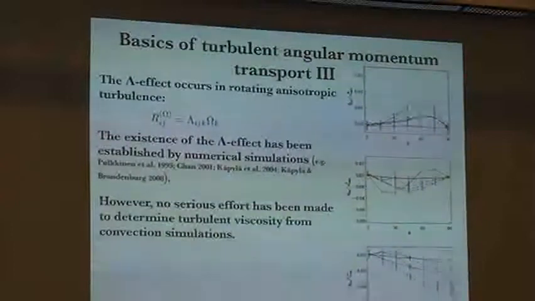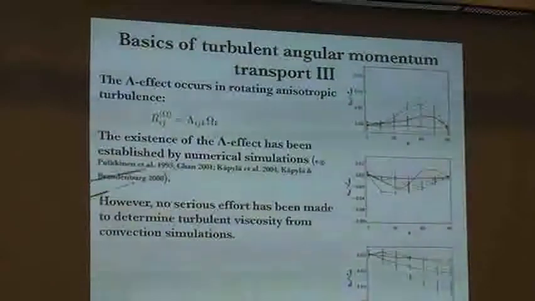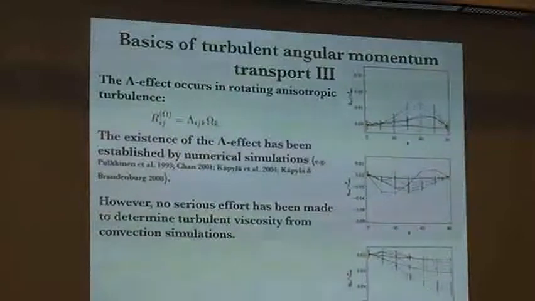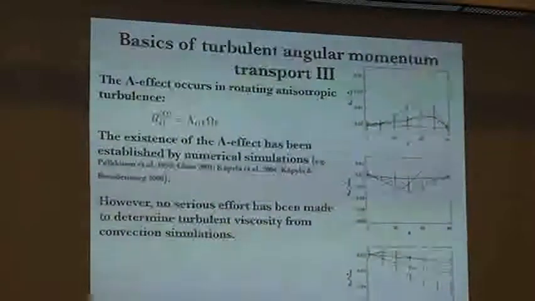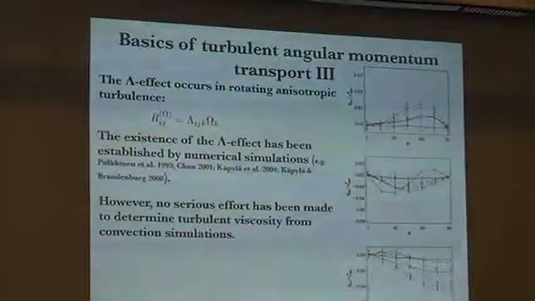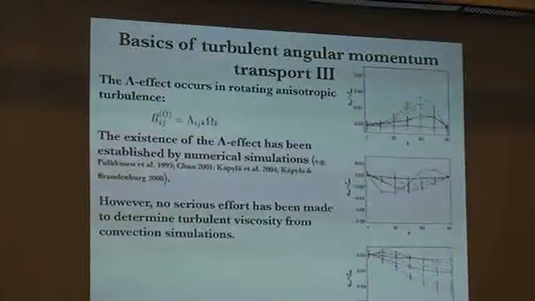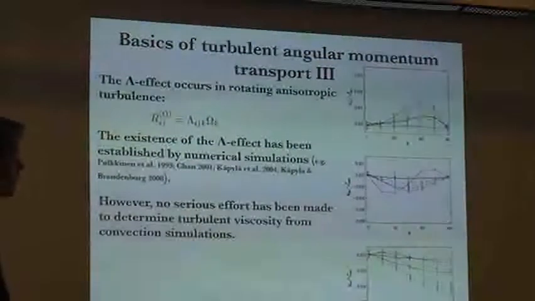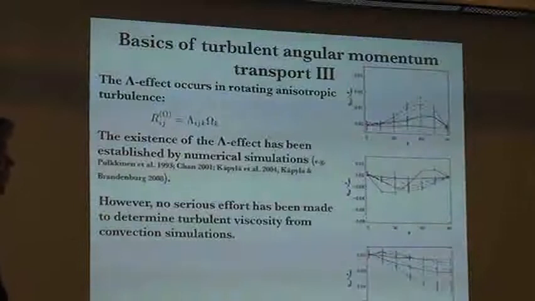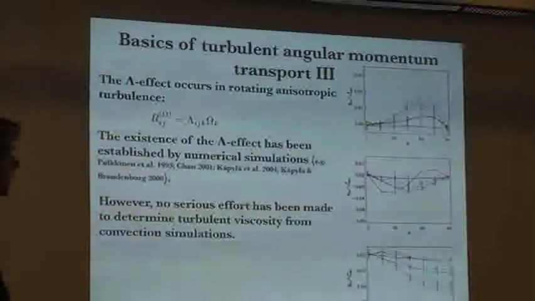And then this last paper here we did with Axel, we had just homogeneous but anisotropic turbulence. And we added rotation to that, and then there shouldn't be any contribution from turbulent viscosity in that case. And here you see the results for different off-diagonal components of the Reynolds stress, which is not that informative.